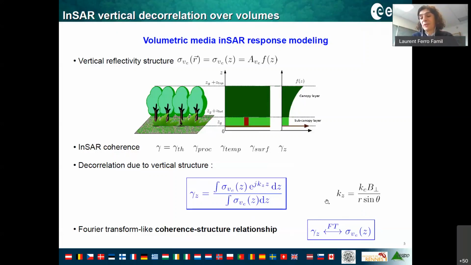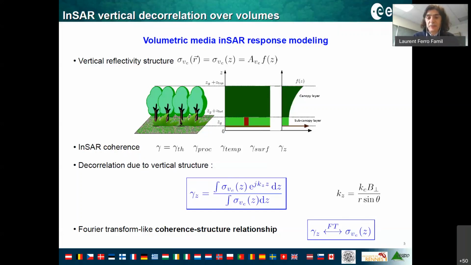The nice thing with the Fourier transform is that you are able to invert it. Every time you go from one domain to the other using a Fourier transform, you can apply an inverse Fourier transform, which means there is a processing which will help you to estimate this vertical reflectivity function from interferometric coherences.